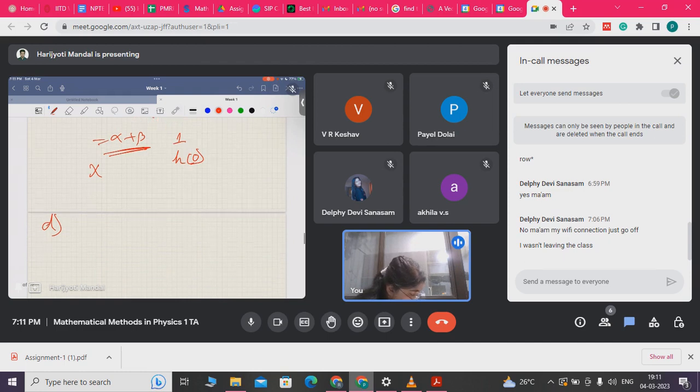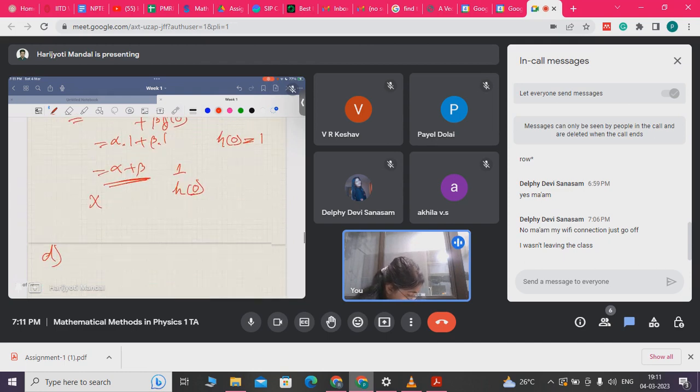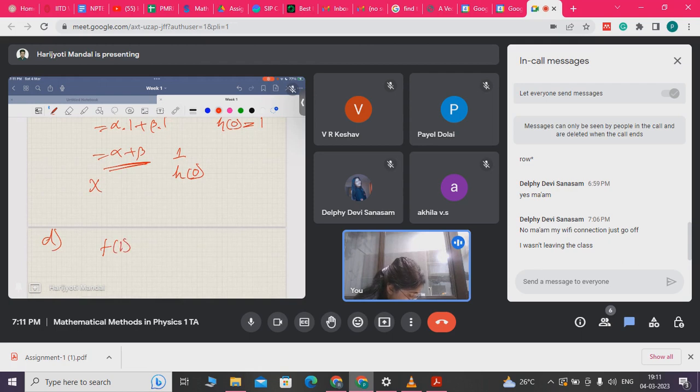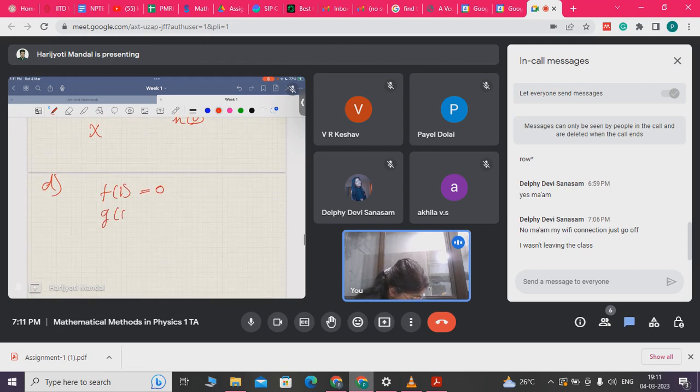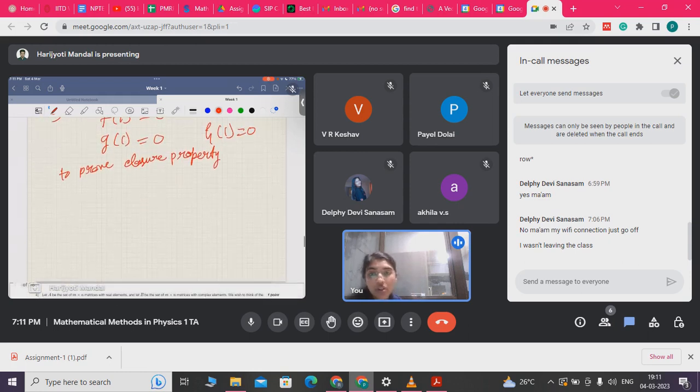Then D, which is D, the collection of all polynomials of degree less than n in x which take the value 0 at x is equal to 1. Okay, at x is equal to 1, f(1) is equal to 0. Similarly, g(1) is equal to 0. We have to prove h(1) is equal to 0 to prove the closure property, right?